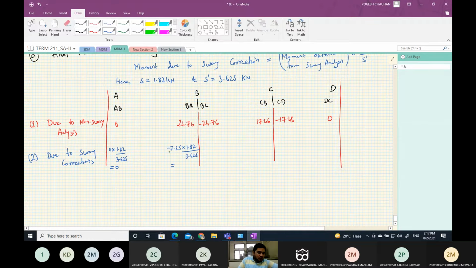How much is this value? It is minus 3.64.